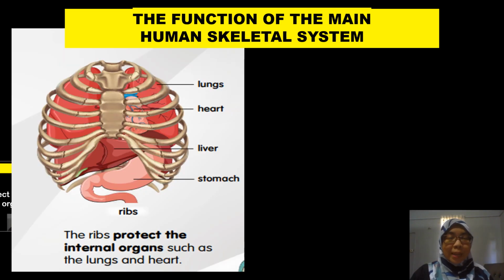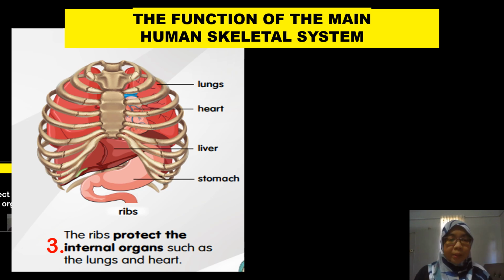We know that there are many important internal organs in our body that must be protected so that they can properly function, to keep us healthy, to keep us living. So how to protect the internal organs? That is one of the functions of our skeletal system. Look at page 21, the ribs, tulang rusuk.